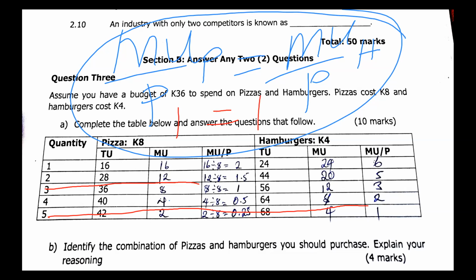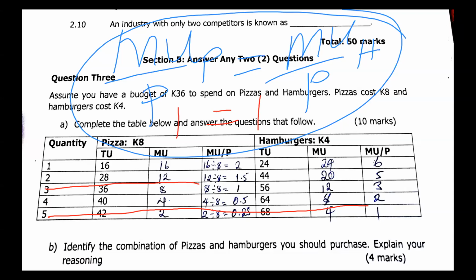So the combination would be this combination where this person buys 3 units of pizza and 5 units of hamburgers. At this point, this person would have maximized the level of satisfaction. Okay? Yes, sir. The person would have maximized the level of satisfaction if he bought 3 pizzas and the 5 hamburgers.